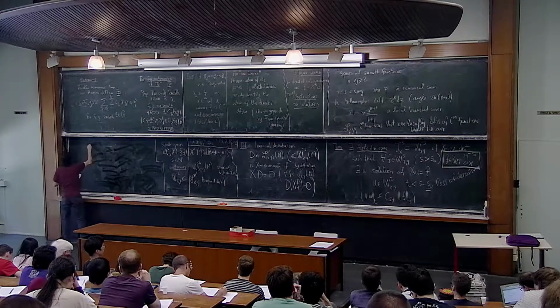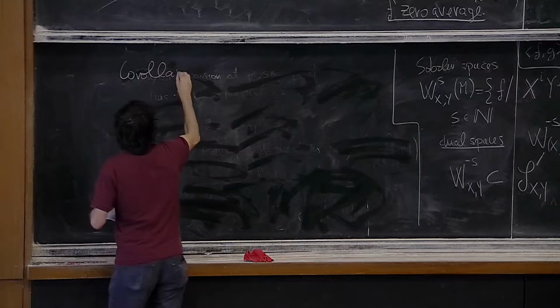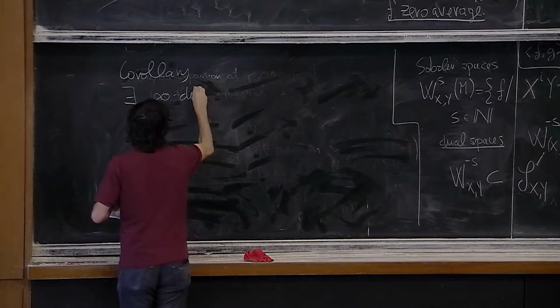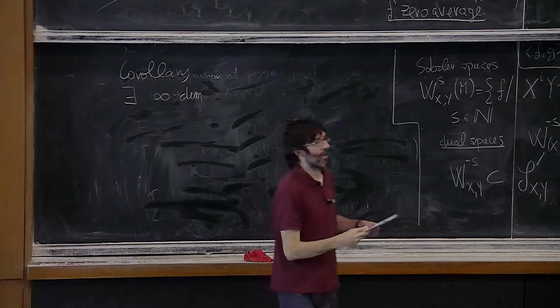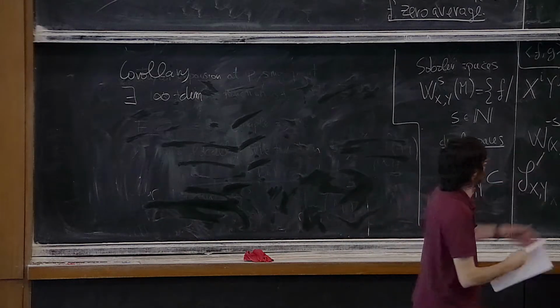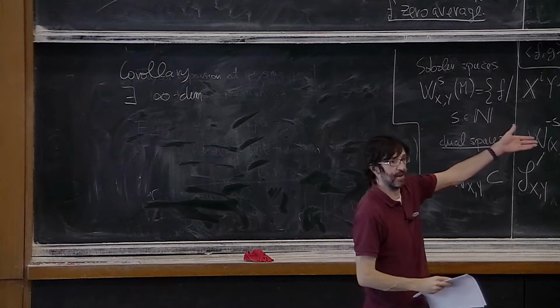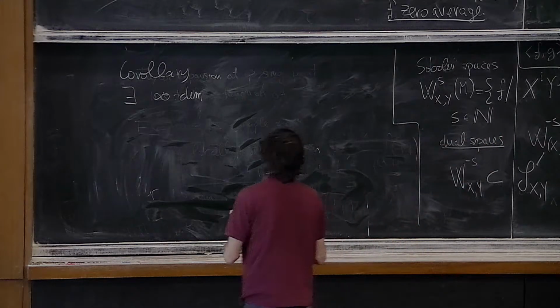So corollary, there exists an infinite dimensional... I mean, technically speaking, it's not quite a corollary because I haven't proved yet what the dimension of this space is. I'm going to discuss that in a moment.